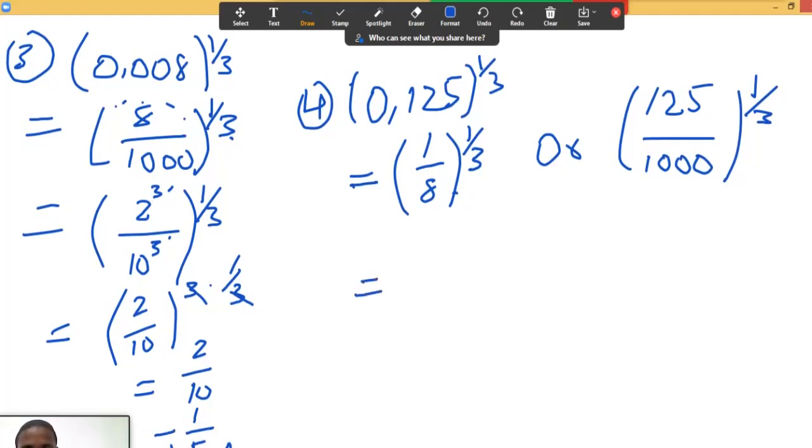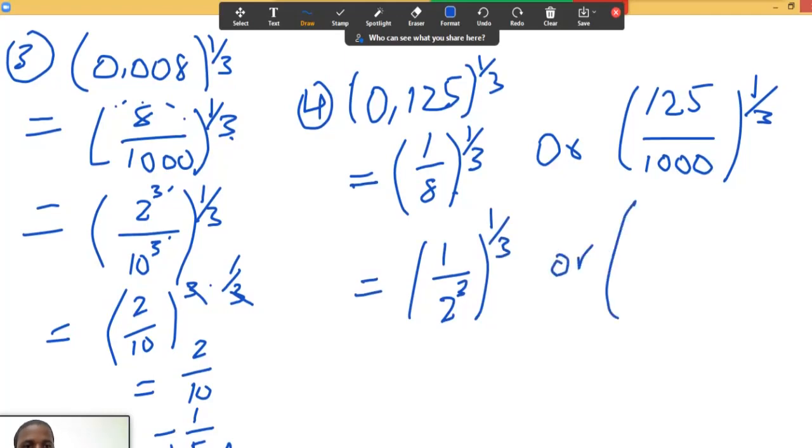So we will have 1 all over 2 to the power 3. Remember, we're trying to relate it to 1 over 3. Or if you're looking at this second option, you can look at 5 to the power 3 all over 10 to the power 3.